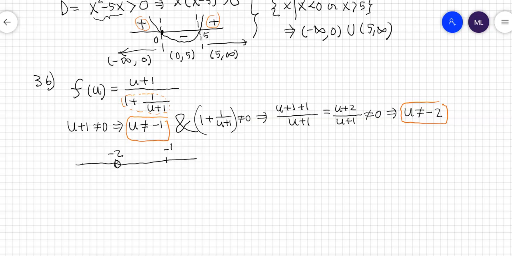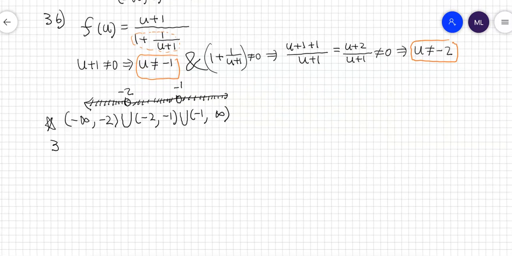Any number is okay except these two. So everything here is good, everything here is good, everything here is good. So you have three intervals: negative infinity to negative 2, negative 2 to negative 1, negative 1 to infinity, and you connect with union. Okay, so that is the answer for 36. Let's look at 37.